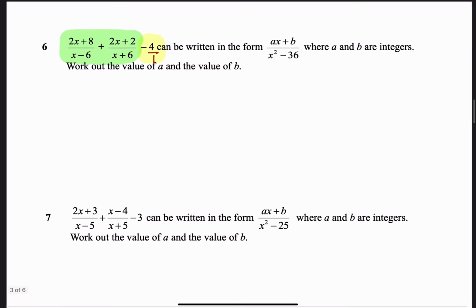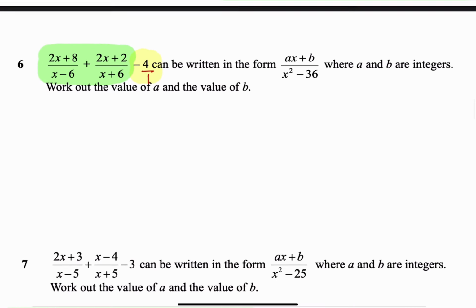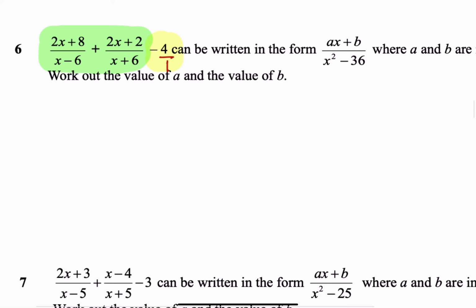Next one. You want to rewrite it as this fraction. I'm going to do these two first. So times this by x plus 6, times this by x minus 6.